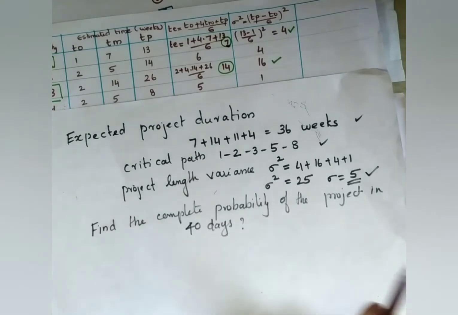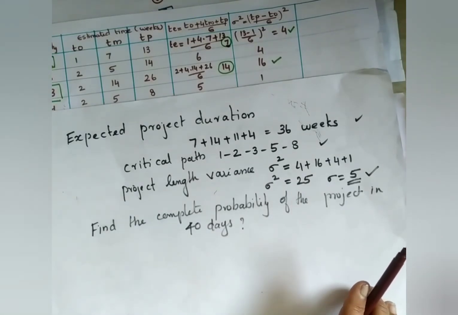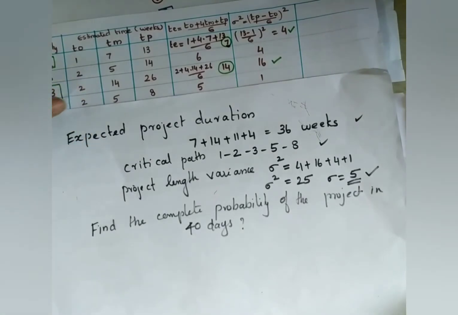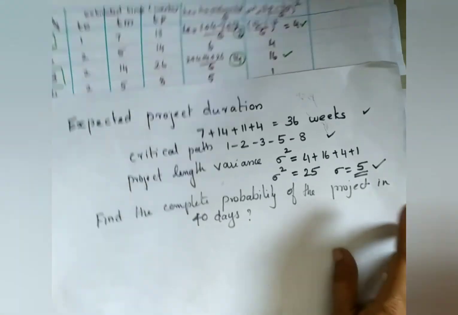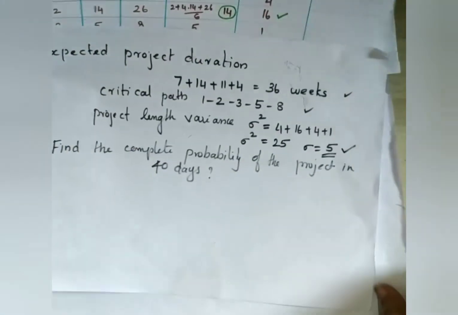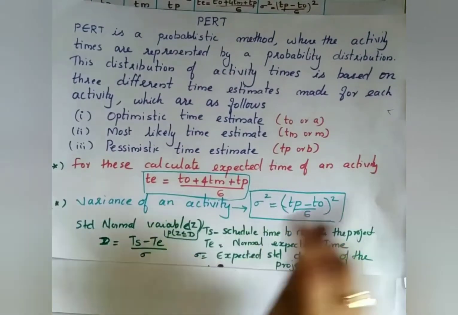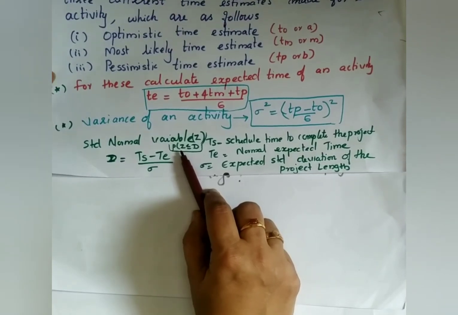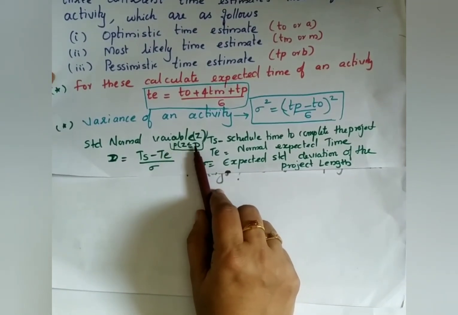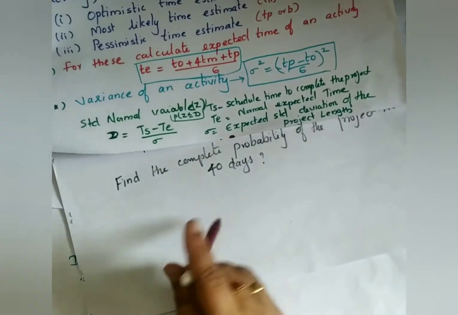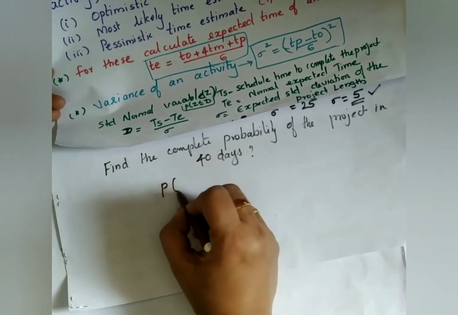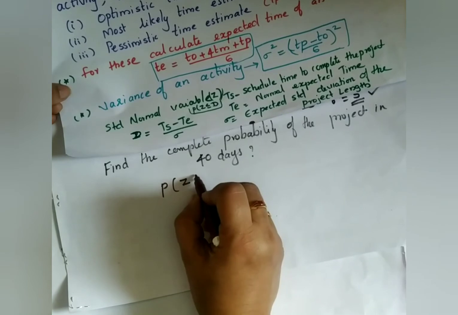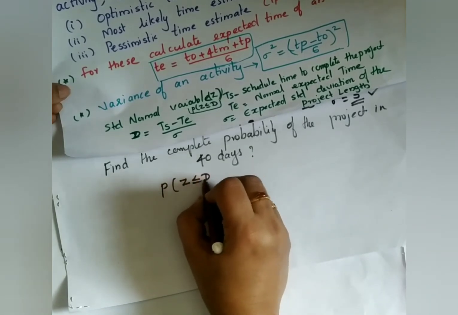For this, what I told you in the first, while writing the formula, for the network schedule, for finding this we have the probability. See this one, standard normal variate, the probability P equals Z less than or equal to D. So I will write that here.